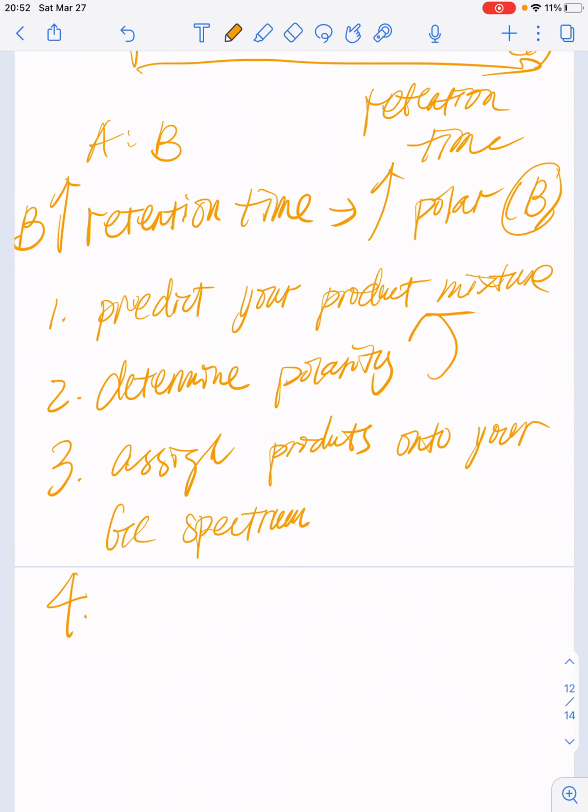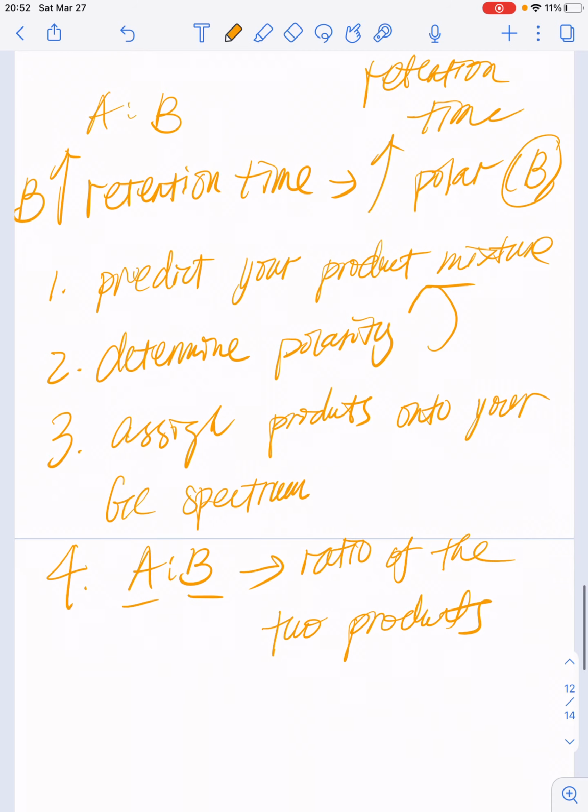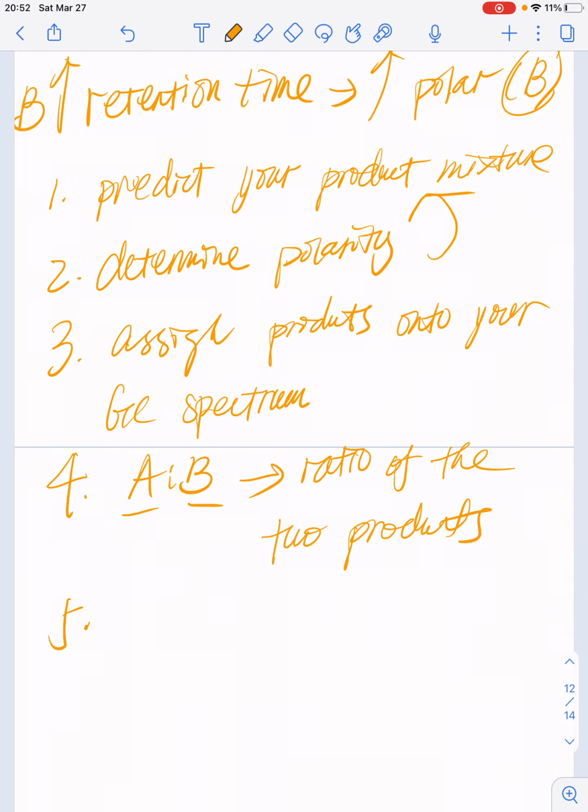Fourthly, determine the ratio of the two products. Lastly, does the ratio coincide with what you predicted? If it doesn't, what do you think happened? And if it does, then congratulations, you got the correct prediction, right?